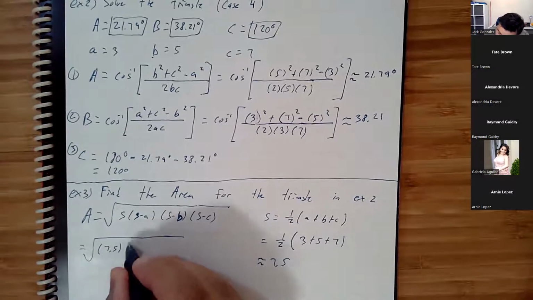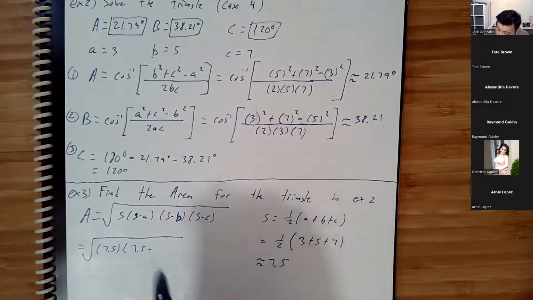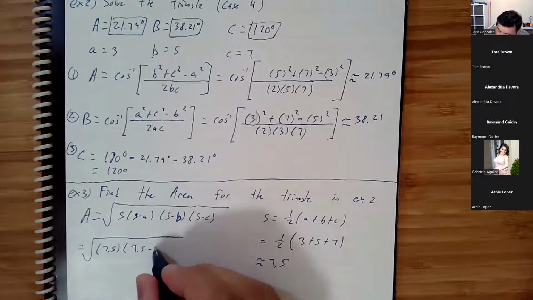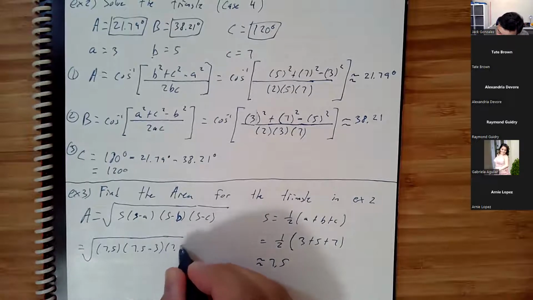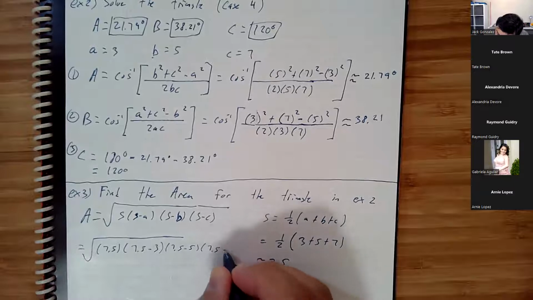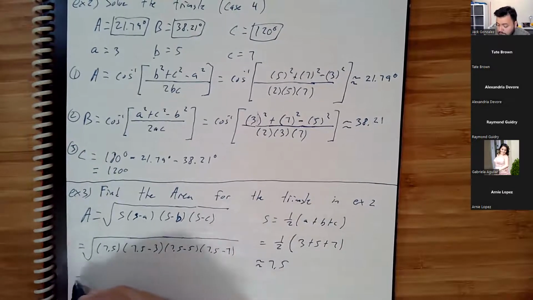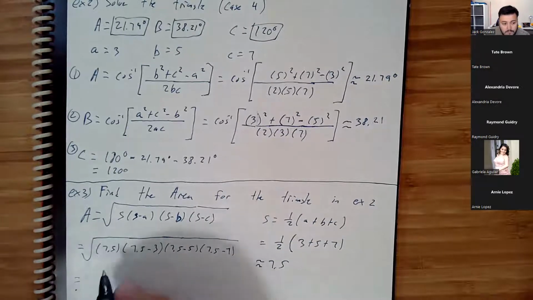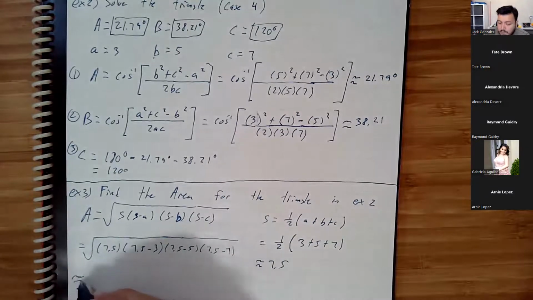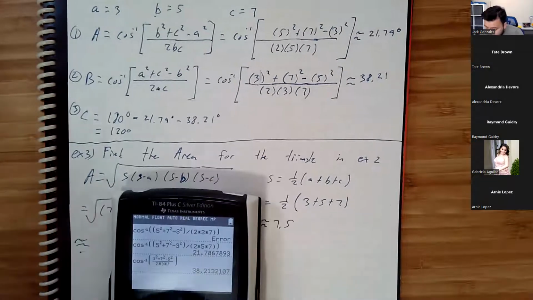Subtract 7.5 by every single side. So 7.5 minus the 3, 7.5 minus the 5, 7.5 minus the 7. So at that point, just plug it in your machine and it'll be done.